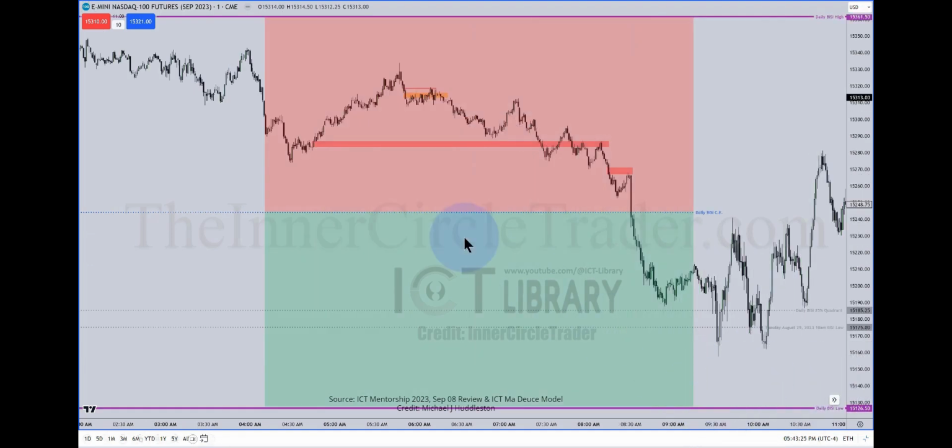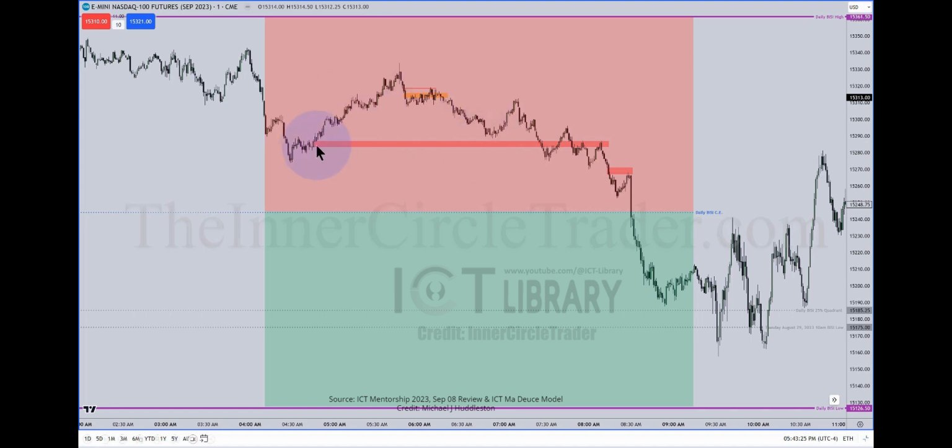We're expecting this level here to this level here be delivered with downside delivery, or sell side delivery, as price was going lower. It's not random. It's not going to some random level. It's going to very specific price levels. And if I'm going to use this inversion fair value gap, I can use it in the context of Ma Deuce. Ma Deuce is simply a model utilizing an inversion fair value gap.